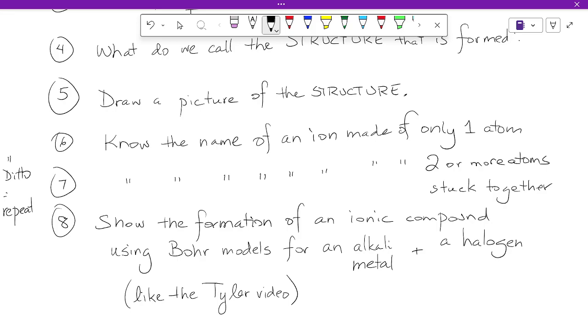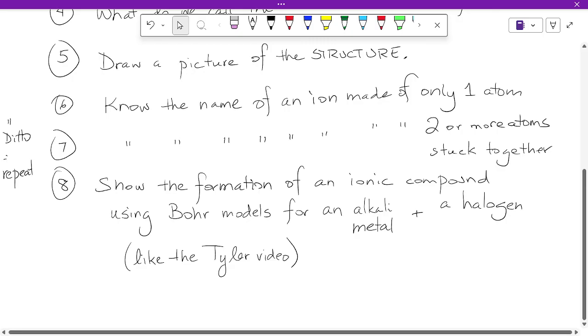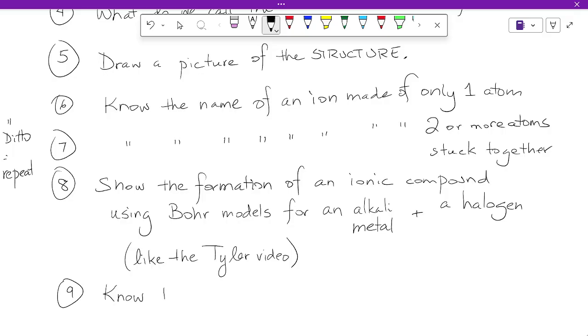Oh, yeah. And you need to know the name of a single unit of an ionic compound.